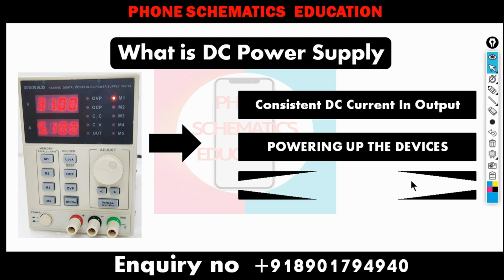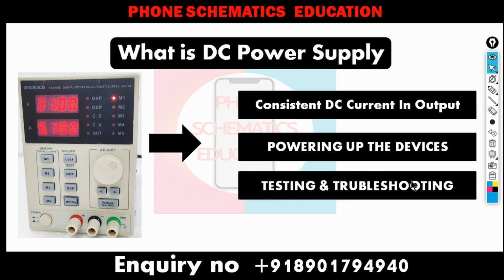Now next, testing and troubleshooting. A DC power supply is also useful for testing phones, especially a dead phone or a missing battery phone. Through a DC power supply, you can identify a short circuit. Also, if you notice the current behavior, you can observe whether the fault is a major fault or a normal fault.